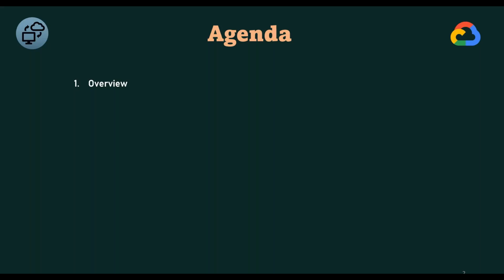So the agenda of this Google Cloud session is: why we actually need a cloud platform, and what is the difference between on-premises and cloud platform. Let us start from the very foundation, why there is a need for cloud and why we moved from on-premises to the cloud.